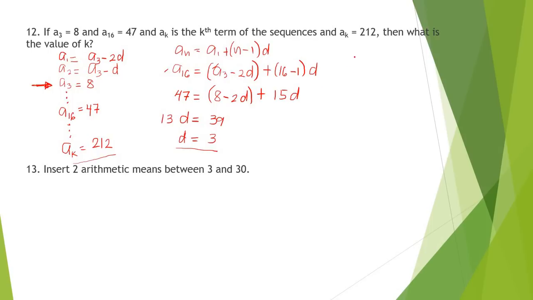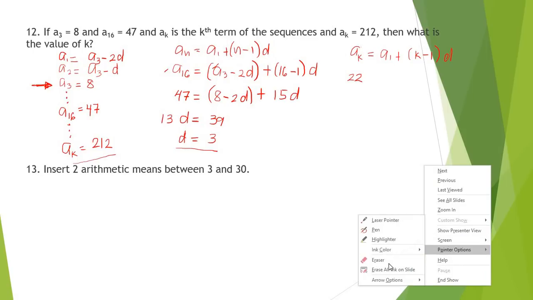Our ak is equal to a1 plus k minus 1 times d, which is similar to this equation here. So our ak is 212. Let me erase this first.